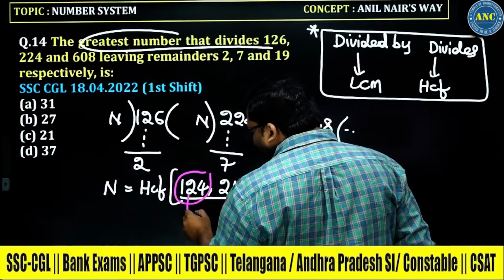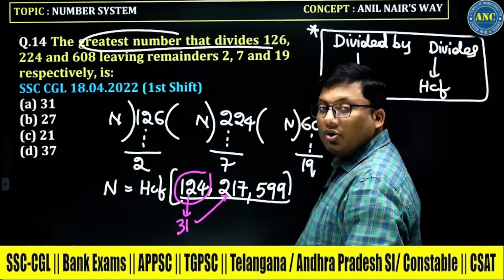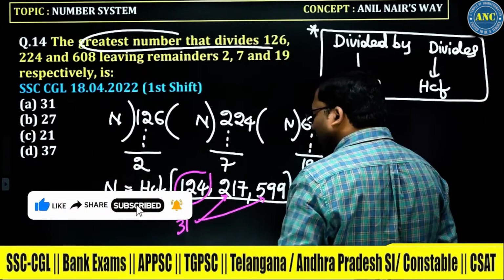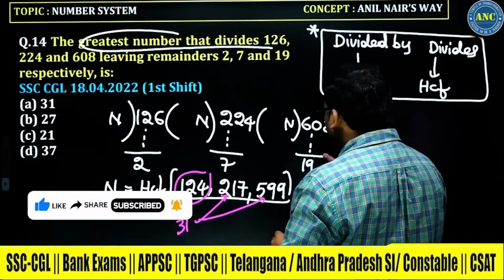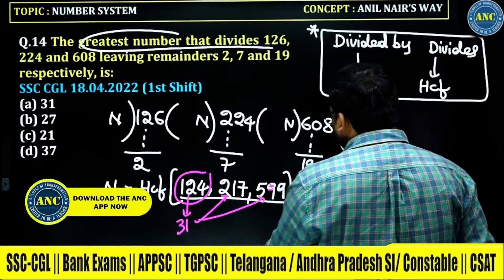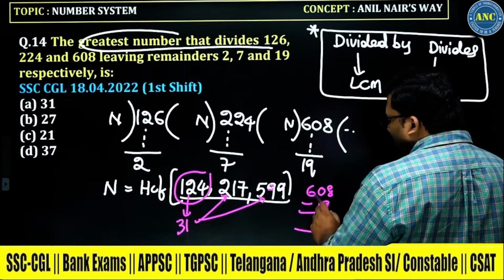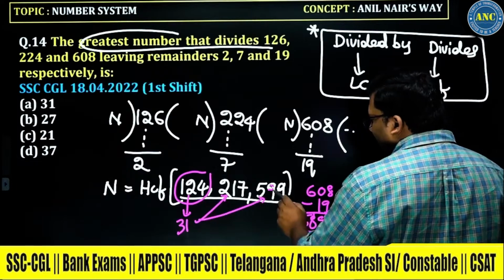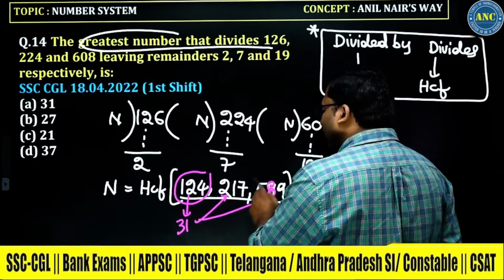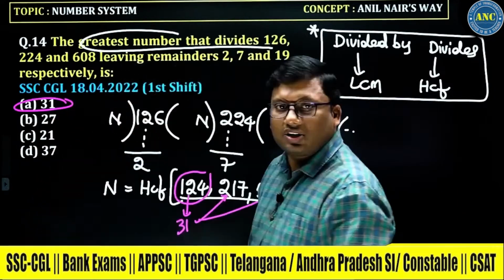Take the factor of 124, 31. 31 sevens are 217. 31 nineteens are 589. 608 minus 19 is 589. 31 ones are 31. So 31 will divide every other number. So the answer for this question is 31.